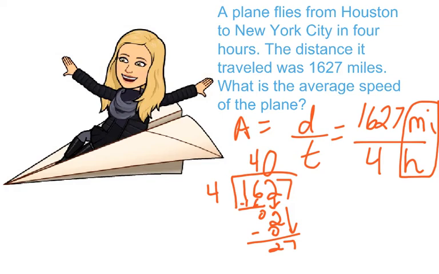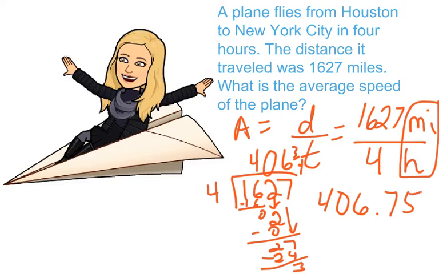Hopefully everybody doesn't. 27 would give you 6, which gives you 24 and a remainder of 3, which of course is 3/4. So 406 and 3/4, or we're going to use decimals here, 406.75. And then we need to keep our miles per hour.